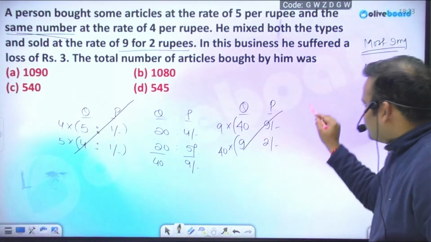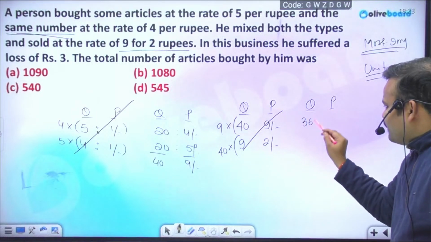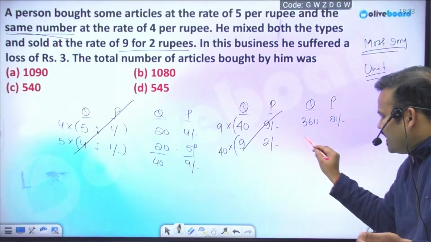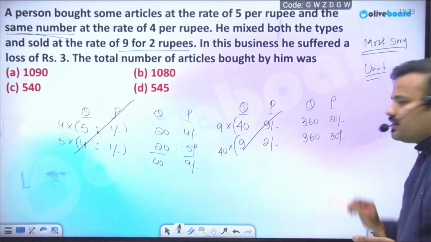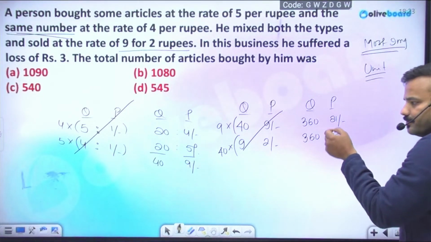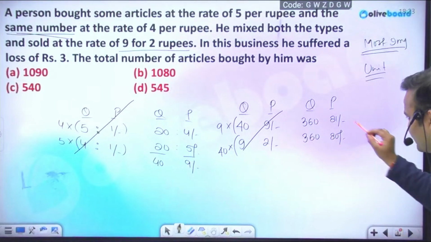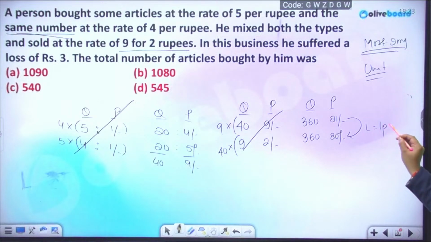That means for him the 360 articles would have cost him rupees 81, and he has sold the entire 360 articles for rupees 80. The shopkeeper has purchased 360 articles and he is selling 360 articles. So in the entire business he is making a loss of 1 unit, and this particular 1 unit is representing how much? 3 rupees.